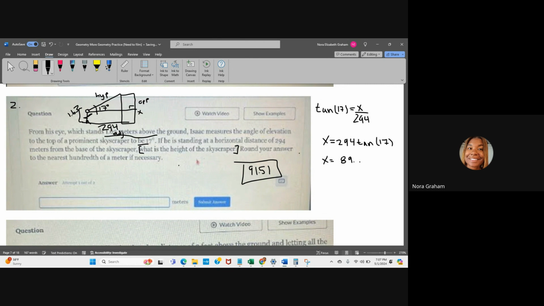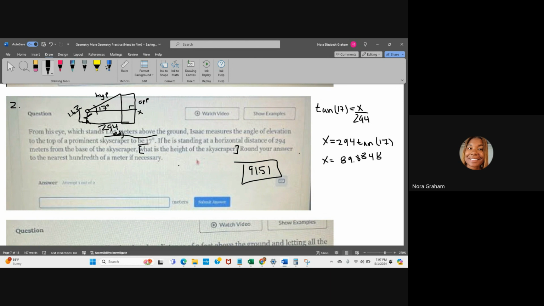And whenever I have a long decimal, I always like to write 4 numbers after my decimal point just to make sure I get as close as possible to my answer. So that's 88.8848.